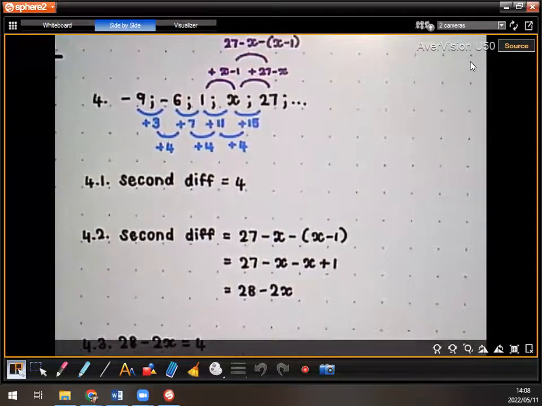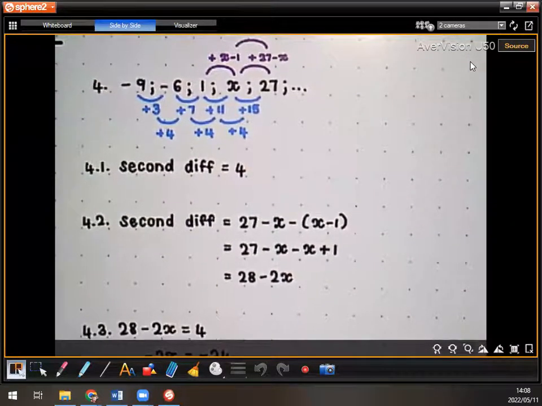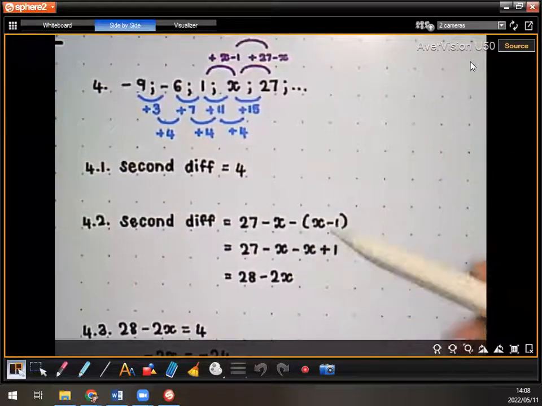To get the second difference in terms of x, you have to get your two first differences in terms of x, and then get the second difference from there. But like I said, it's so complicated, and in the test we won't force you to do this kind of question in such a difficult way. I'm sorry, I didn't realize it was so difficult until I did it myself. Do you understand what I mean? Getting x is easy, but they force you to do it in a complicated way like that.